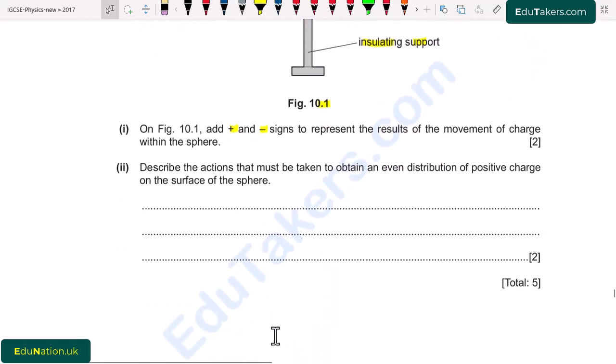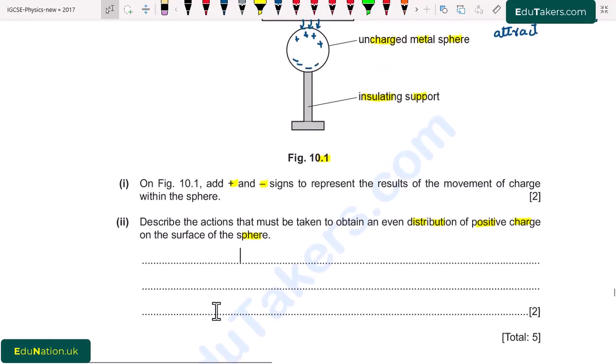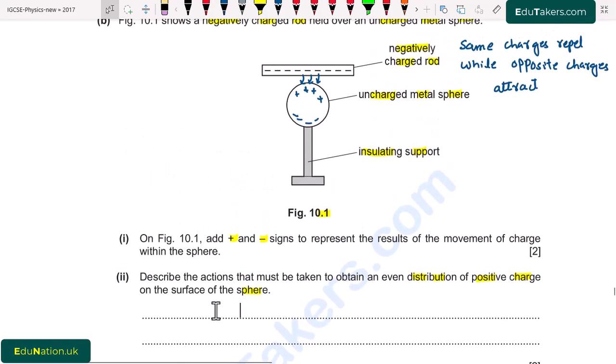So going towards the next part, B. Describe the actions that must be taken to obtain an even distribution of positive charges on the surface of the sphere. So if again I consider that there is a sphere and it has positive as well as negative charges, we have to make an even distribution of positive charges.